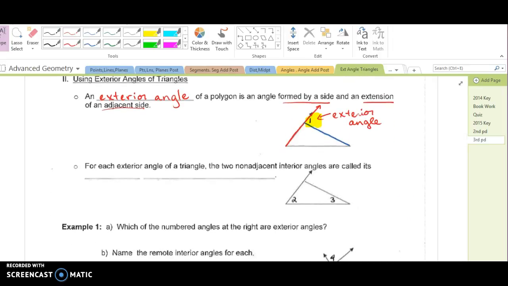And in a triangle, specifically, when you have an exterior angle, like we had exterior angle 1, we have two other angles in the triangle that are related to it. And the name of those angles is the remote interior angles.